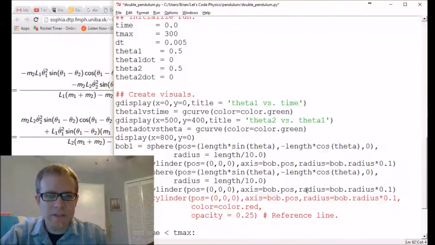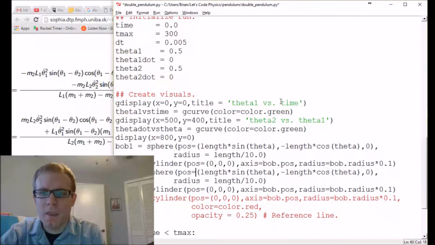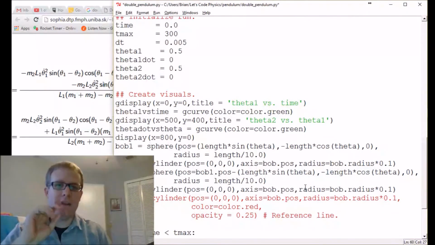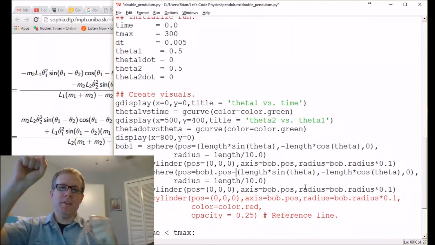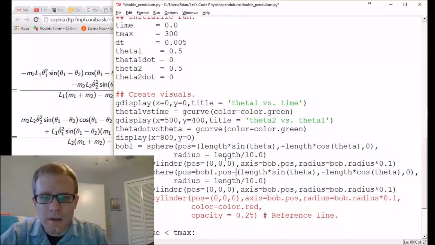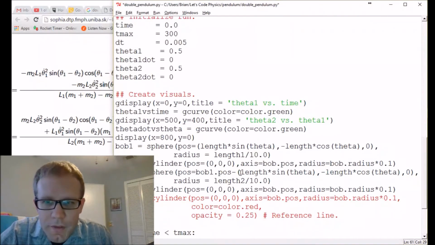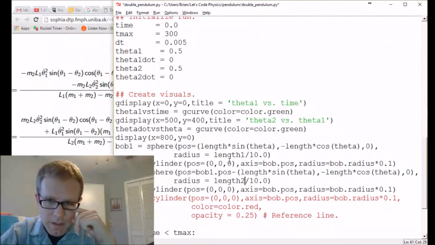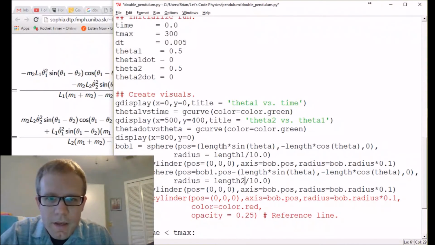Now the positions need to be a little bit different because this needs to be Bob 1 dot position minus this vector, because Bob 2 needs to treat Bob 1 as the origin. And let's see here. This will be length 1, length 2. Oh, this needs to be length 1, length 1.